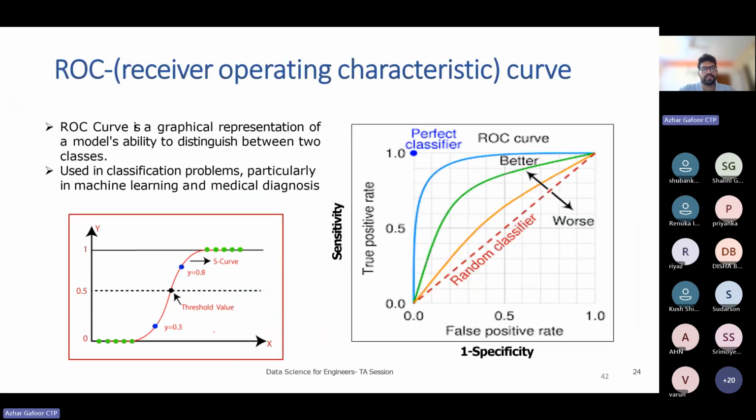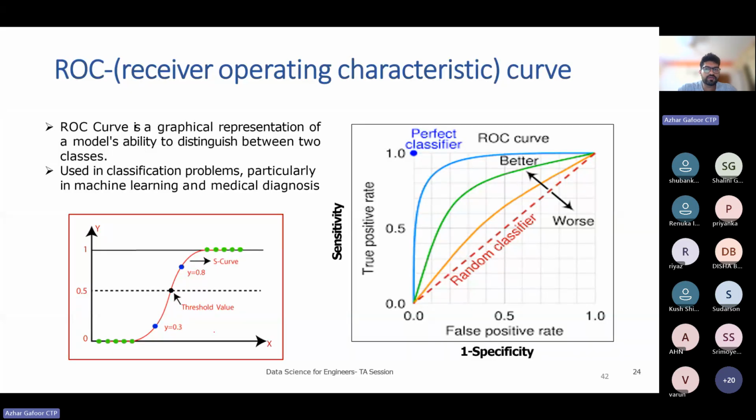Okay, so now we have the ROC curve. ROC curve is called the receiver operating characteristic curve. It's a graphical representation of a model's ability to distinguish between two classes.